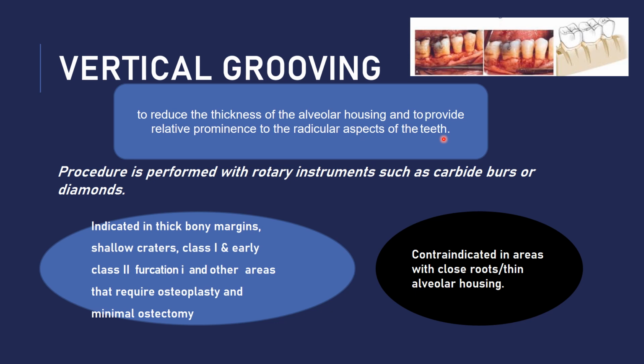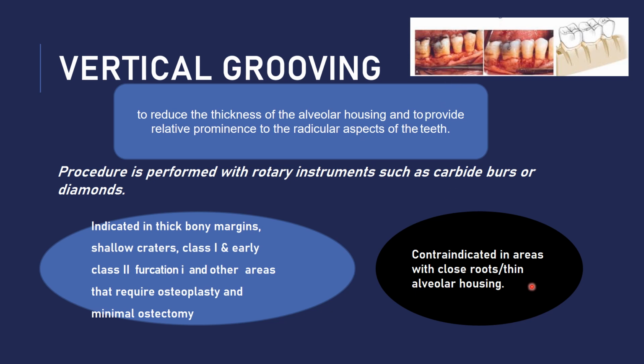Okay, so this is indicated in thick bony margins, shallow craters, class 1 and early class 2 furcation, and other areas that require osteoplasty and minimal osteectomy. So these are the areas where there are shallow defects and thick margins, to get vertical grooving.